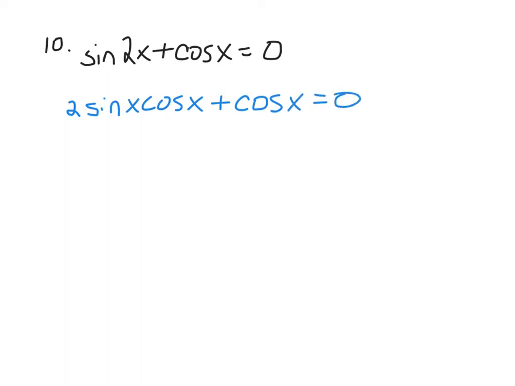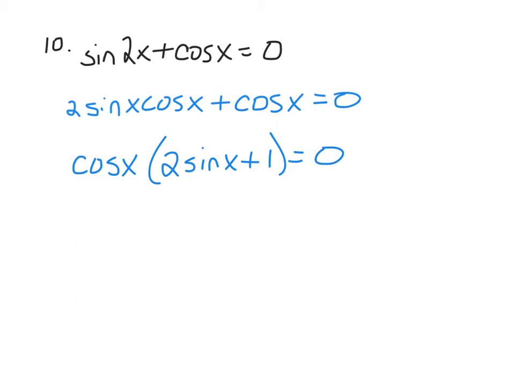Pretty good hint is that it's already set equal to 0, and the other thing is we have 2 terms now with a cosine, so that makes me want to try factoring out. So I'm going to take out a cosine of x. We're left with 2 sine of x plus 1 equals 0.